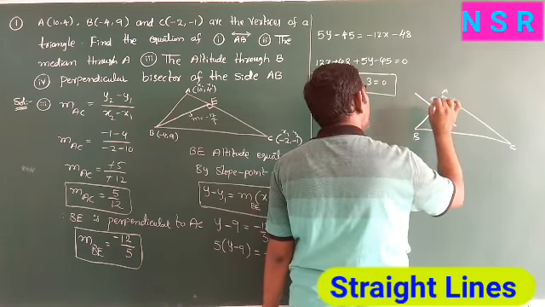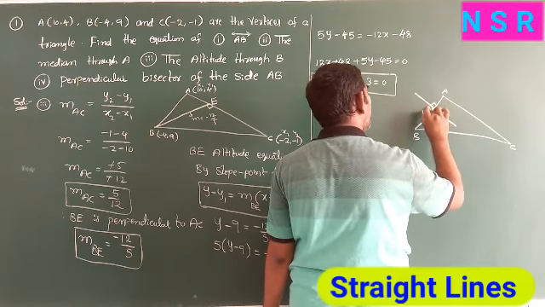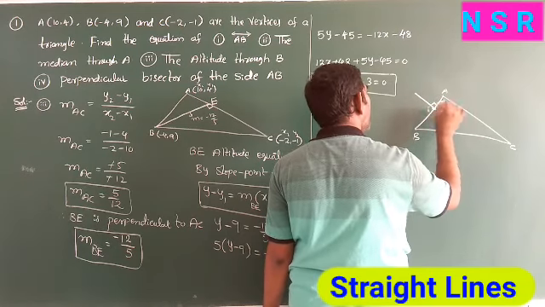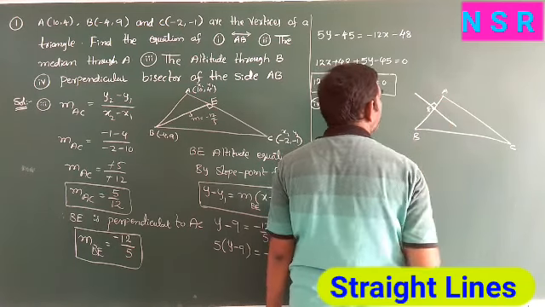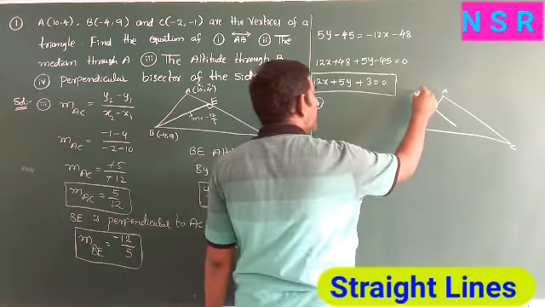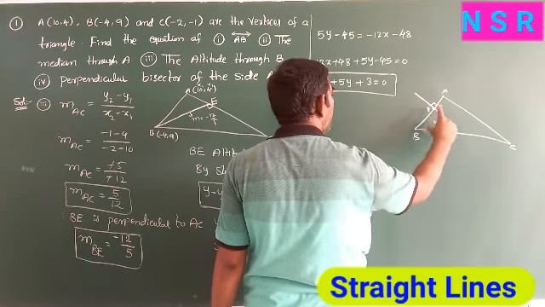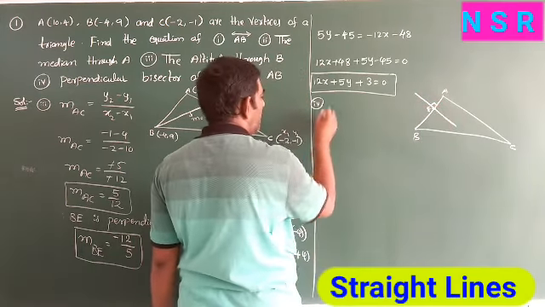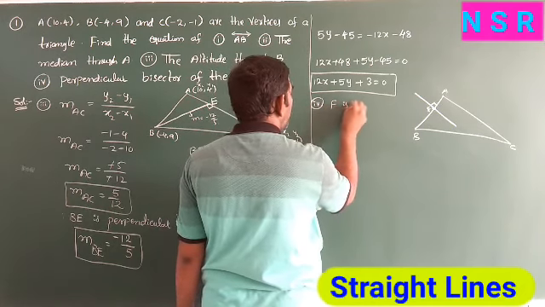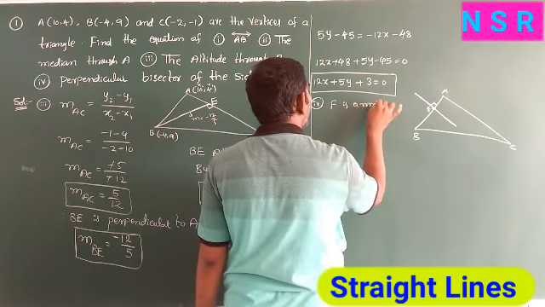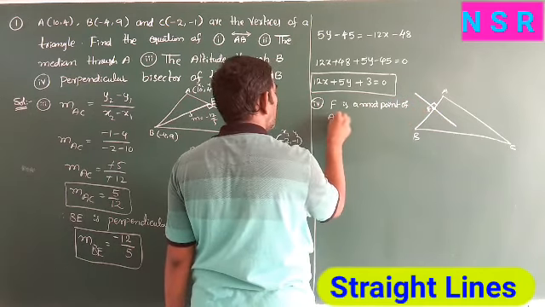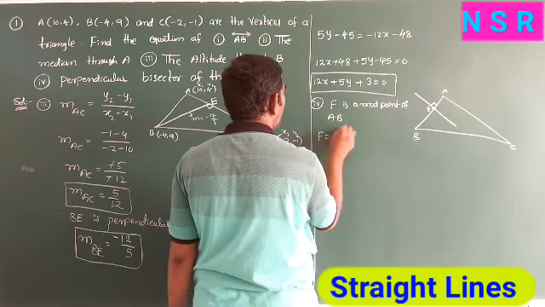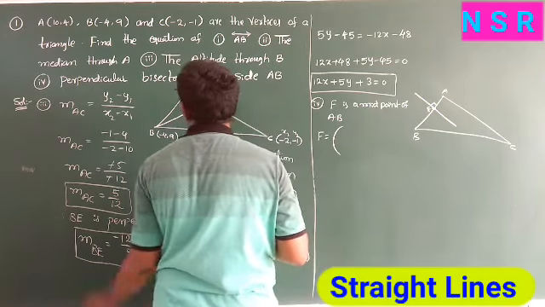So take it as this is F. Now how to find this perpendicular bisector? So F is a midpoint of AB. Now F is equal to x1 plus x2 by 2.